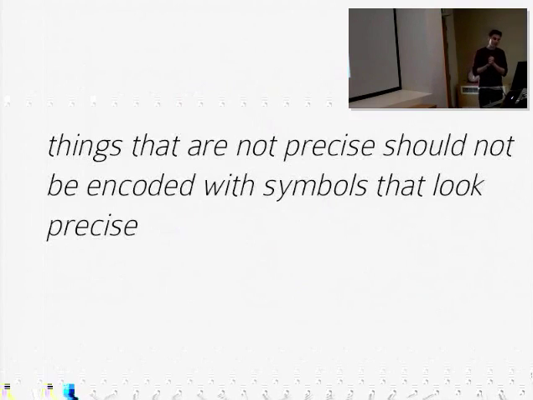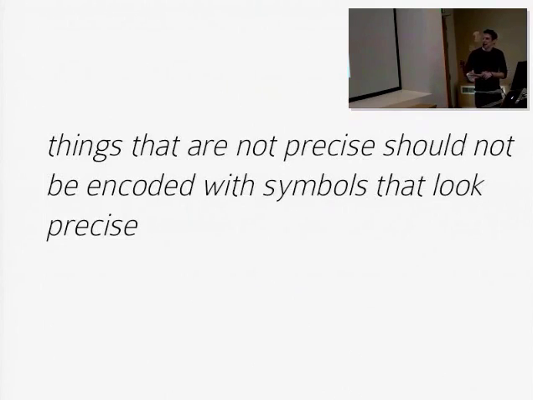We're going to look at a few examples of where visualizations go wrong, where there are data that are not very precise at all, with uncertainty associated with them, but they're encoded with symbols that imply some type of precision.